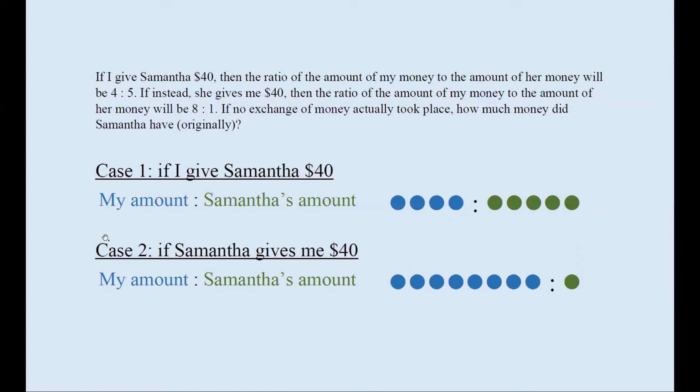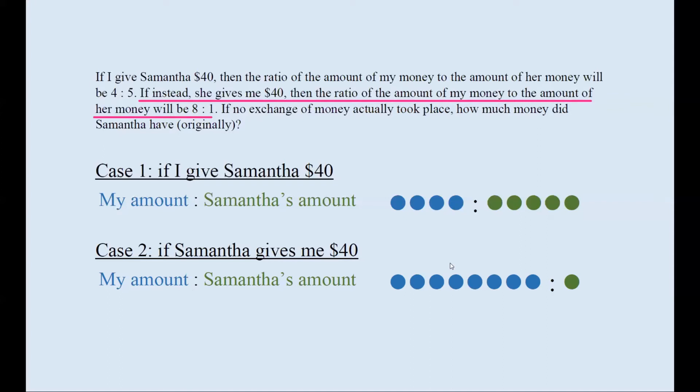What I have here is the second scenario, which is if instead she, Samantha, gives me $40, then the ratio of the amount of my money to the amount of her money will be 8 to 1. Same circles.